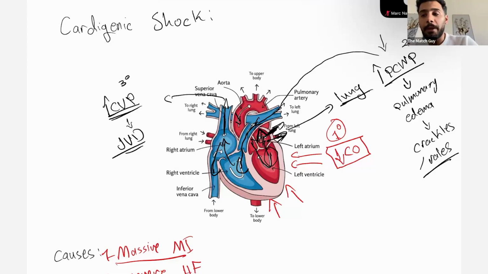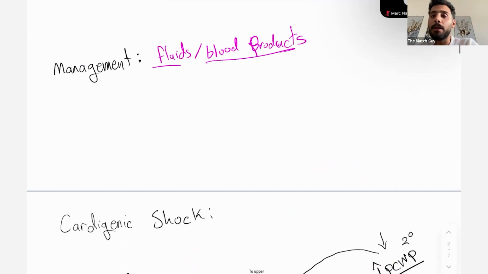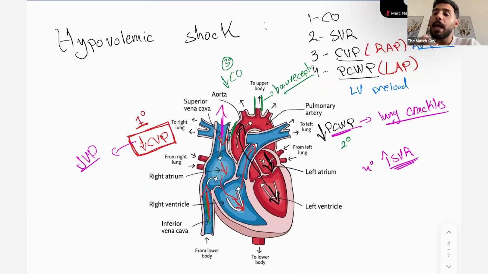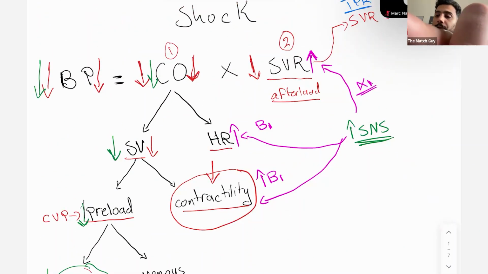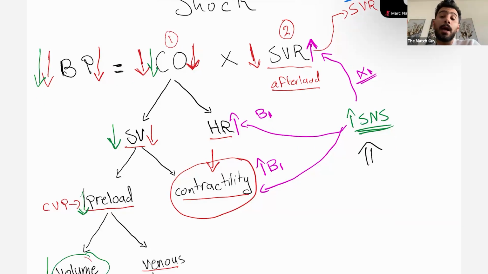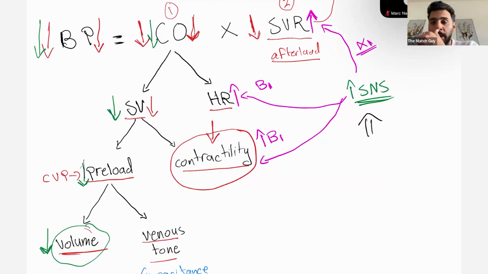And here we're also going to follow the same logic that we followed for the hypovolemic shock. Any case of decrease in cardiac output and a fall in the blood pressure is going to cause activation of the sympathetic nervous system, which is going to try to increase the blood pressure by activating the alpha-1 receptors found on the arteries, increasing the systemic vascular resistance, and trying to increase the heart rate and contractility.